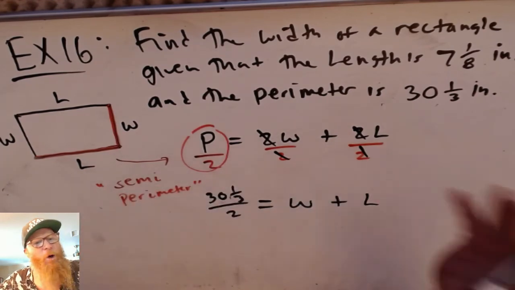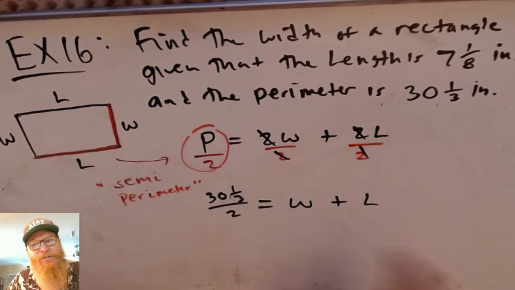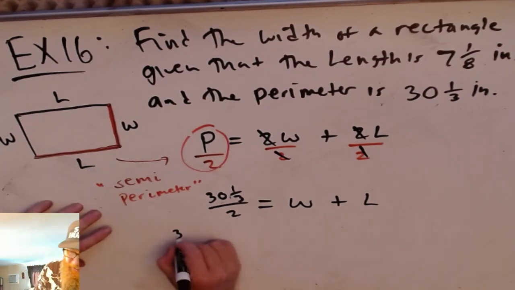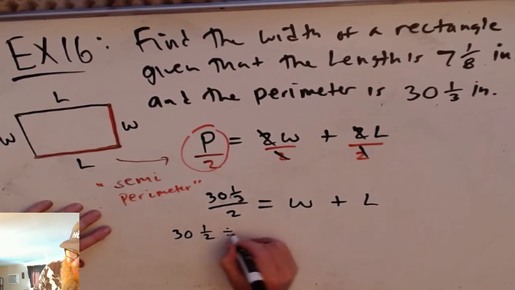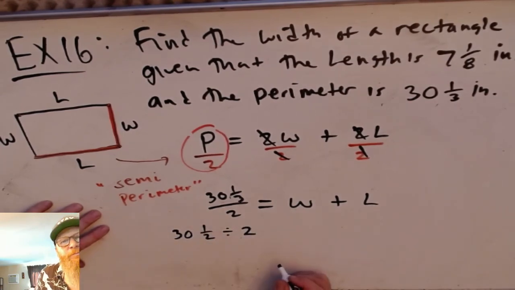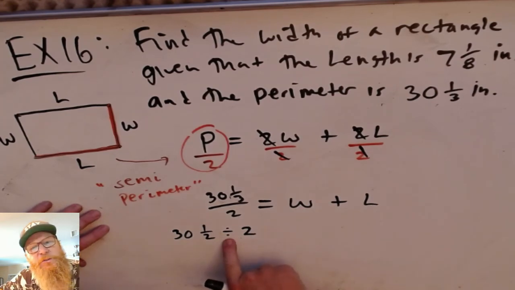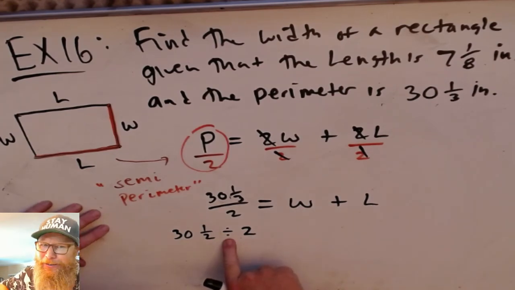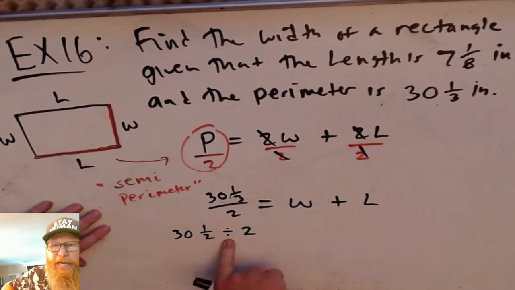It's going to go on forever and ever, and you're never going to be able to solve it correctly. Okay. So this means 30 1/3 divided by 2. I'm going back to the old school division sign. I know a minute ago I said I wasn't going to use it, but it's my last example. I'm just pulling it out of my hat here.